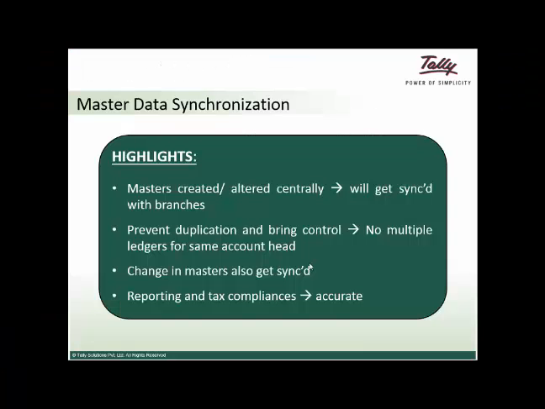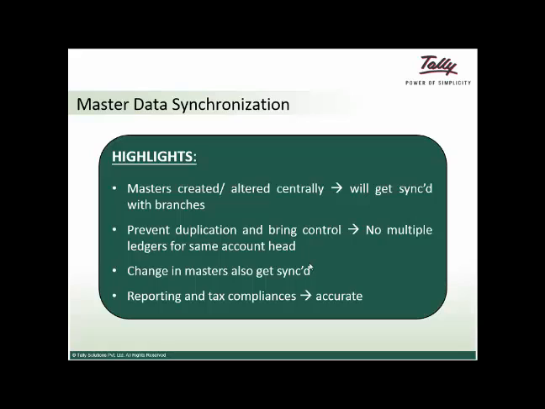So we see here, master data created at the head office will automatically sync with all branches whenever the head office creates masters for its respective branches. Therefore, a customer can now restrict master creation to only the head office and block this at the branch level, and then keep syncing masters created at the head office.